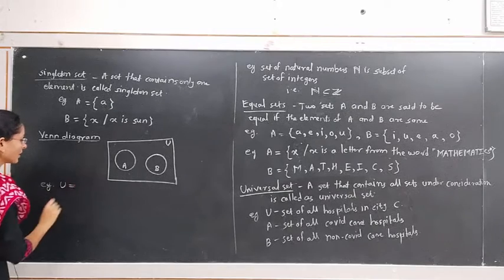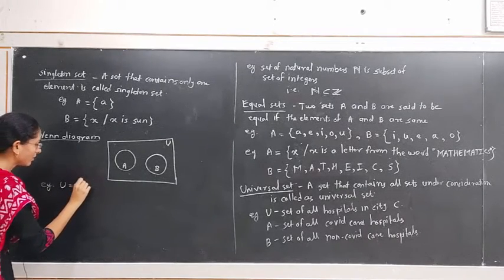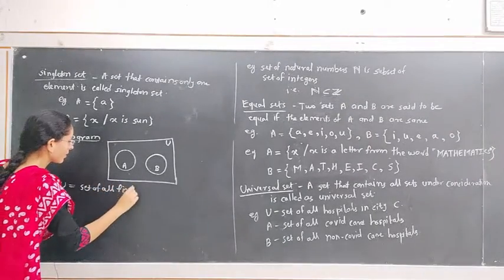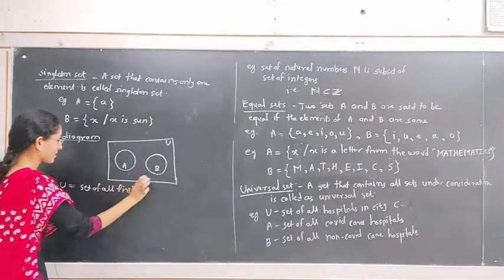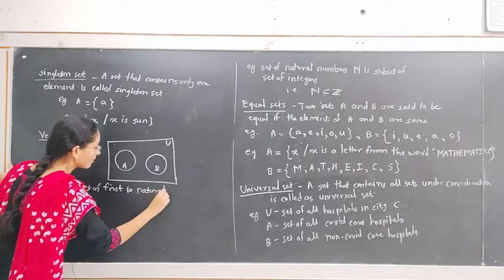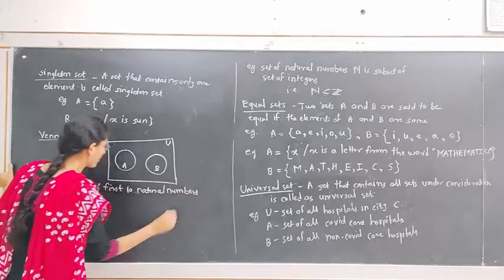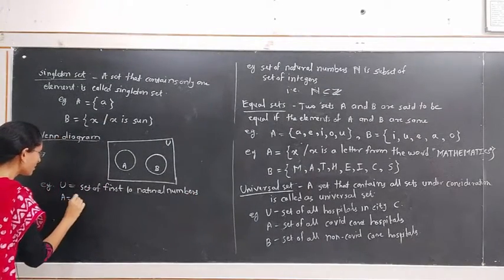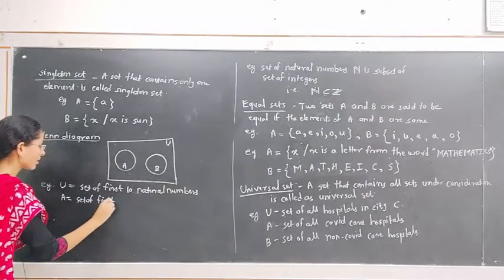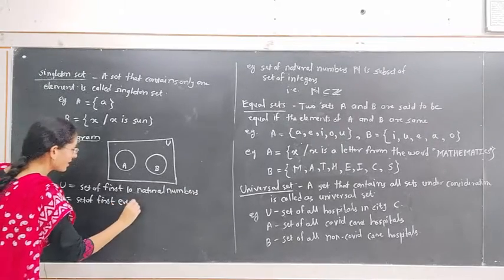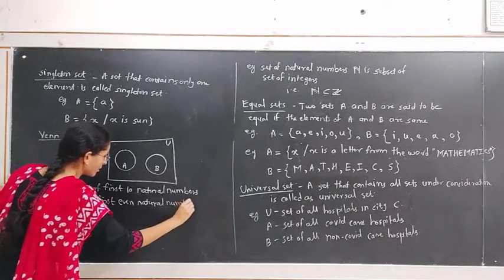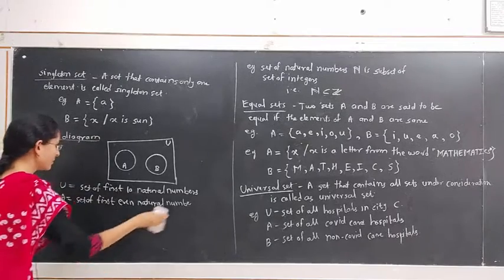If we consider U is equal to the set of first 10 natural numbers, and A is equal to the set of first even natural numbers, we can write this in symbolic form also.